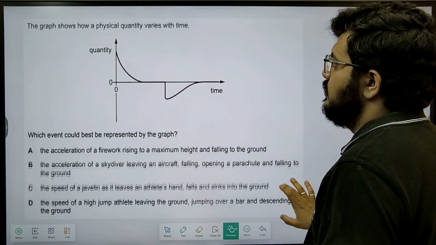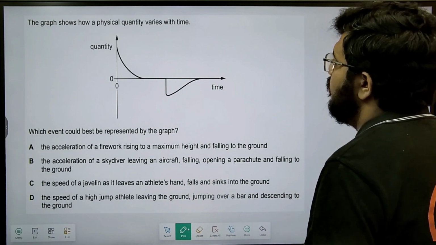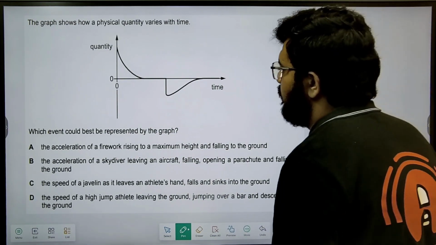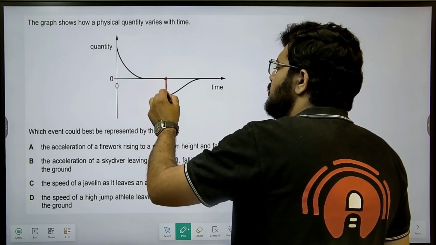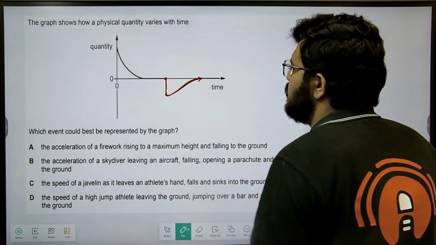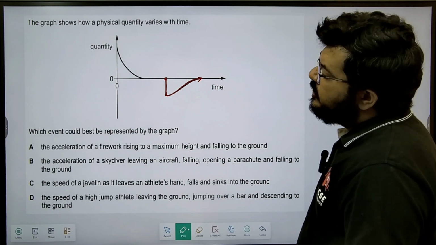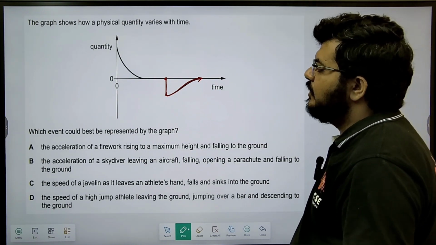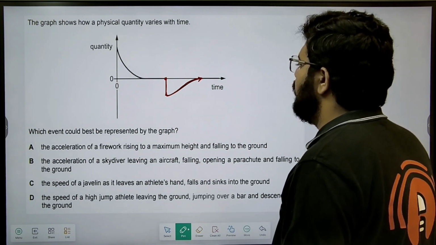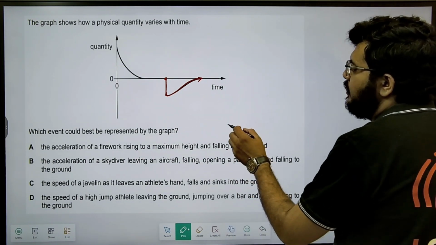The graph shows how a physical quantity varies with time. What is happening to the physical quantity? Decreases, becomes 0, decreases even further, and then becomes 0 again. Which event could be represented by the graph? Acceleration of a firework rising to a maximum height and falling to the ground. In that case, what will happen?